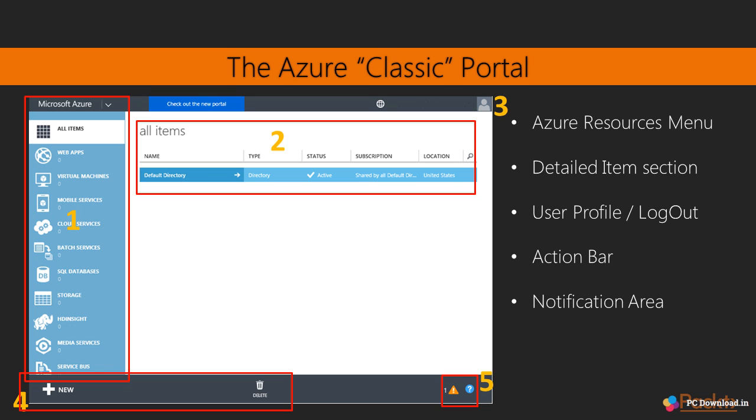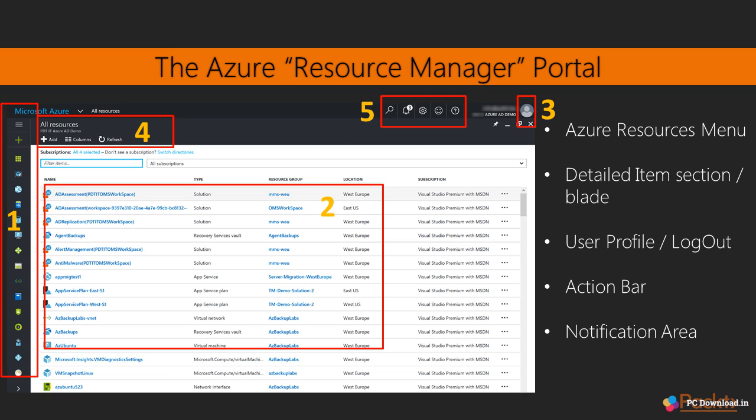On the right-hand corner, this is called the notification area. Depending on the activities you're going through, it will give you real-time feedback, showing you alerts, warnings, or even just giving you an overview of the data that's being processed, like for example when you're deploying a virtual machine.